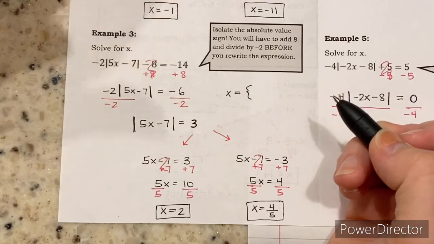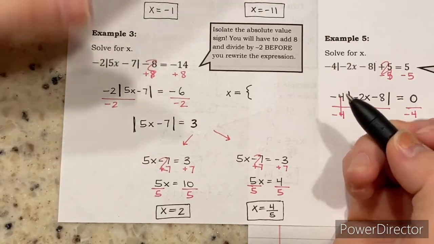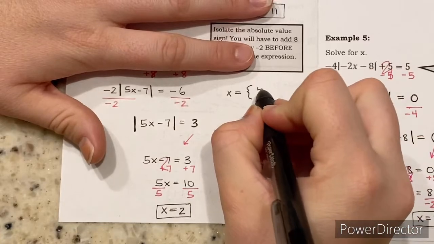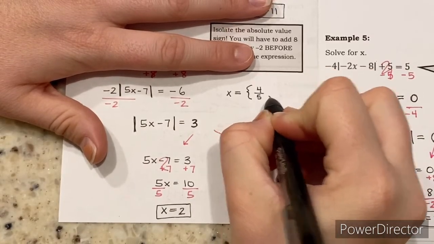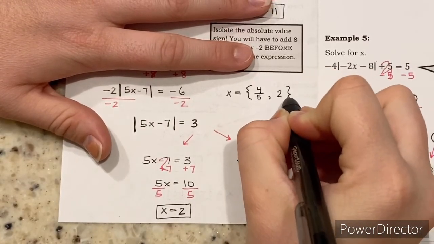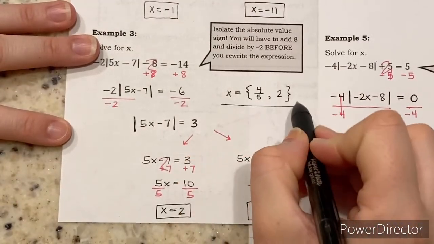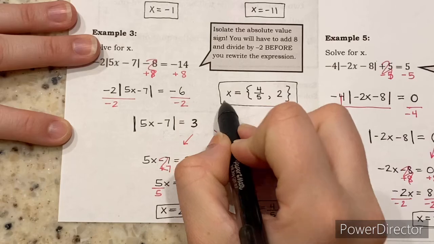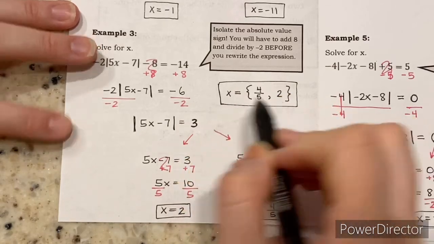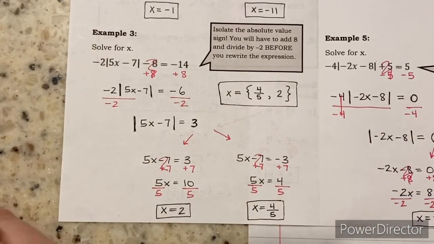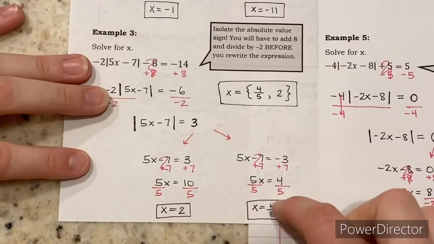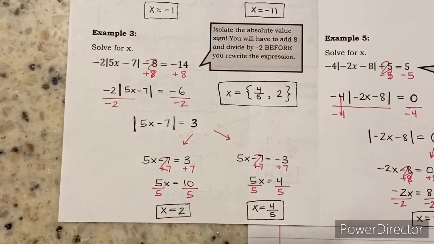Sometimes people put it in numerical order, other times they don't. I always put it in numerical order just because that's the way my brain works. So if they put it in numerical order, this is what it's going to look like. But if they don't, it's no big deal. As long as they have both of them, that's all that matters. So you could see the answer choices written either way. So just be mindful of that, be on the lookout.